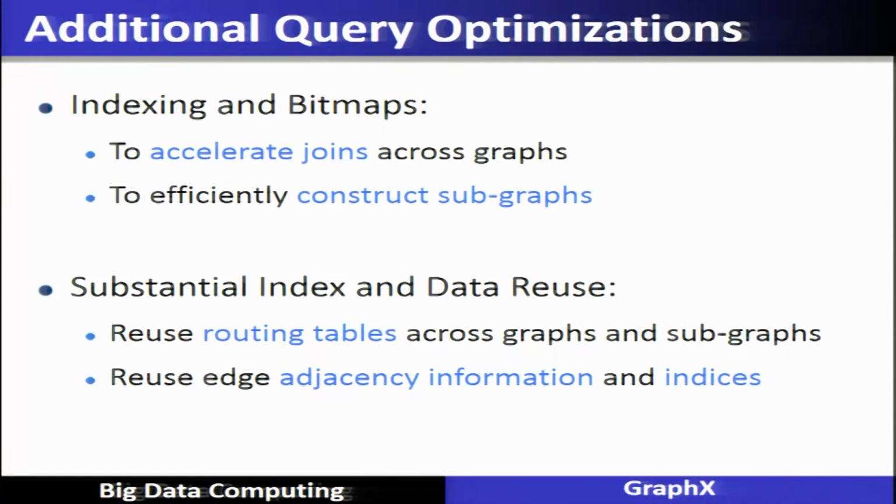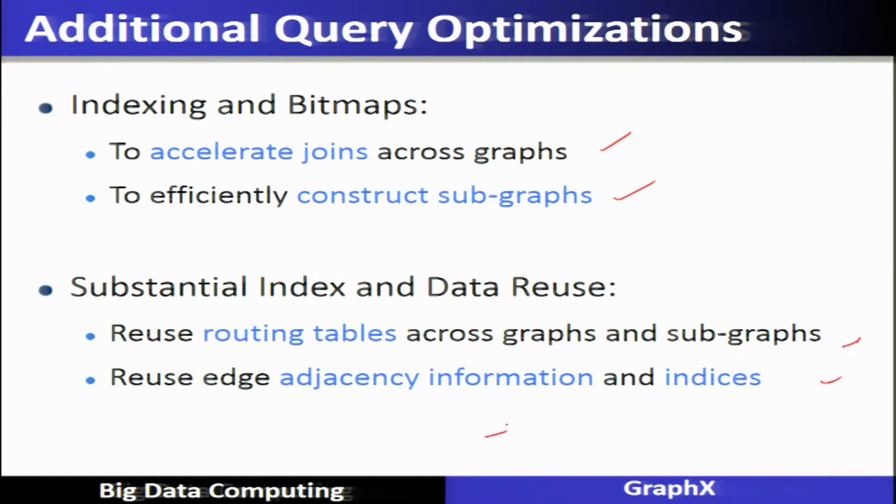These are all different query optimizations which accelerate the joins across the graph, efficiently construct the subgraph, or, using index and data reuse, reuse the routing table across the graphs and also reuse the adjacency information and indices.